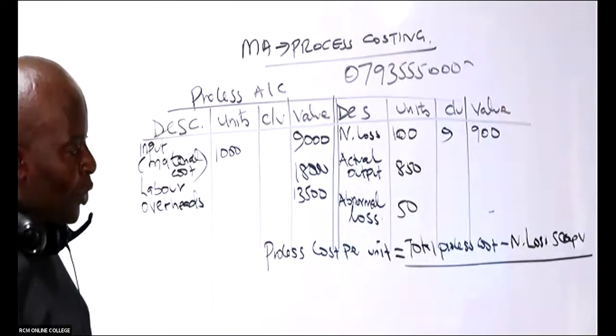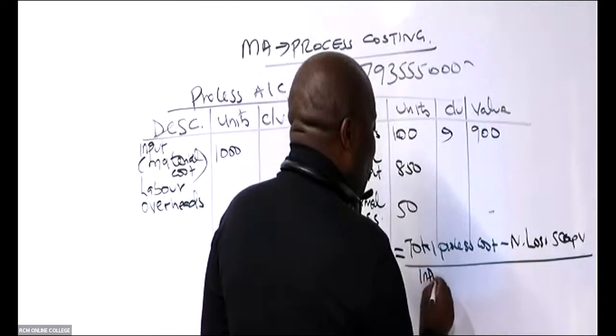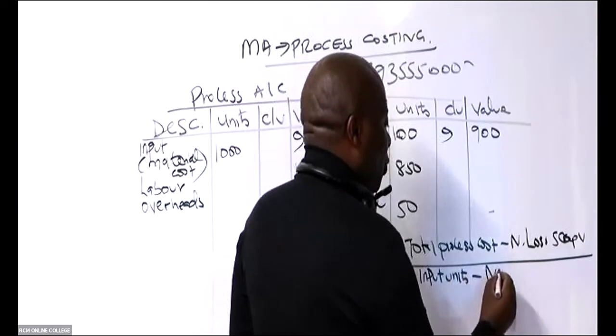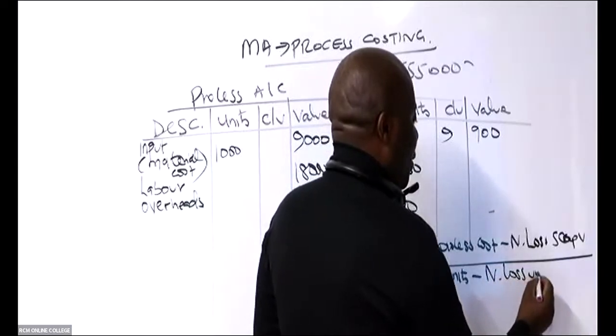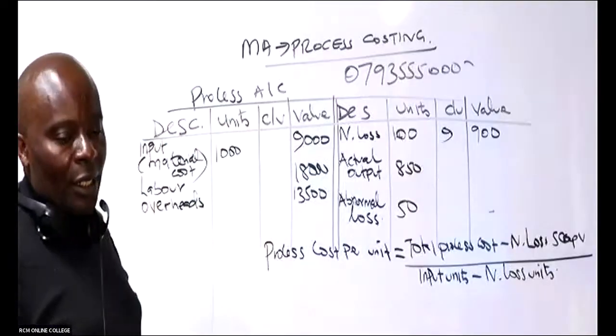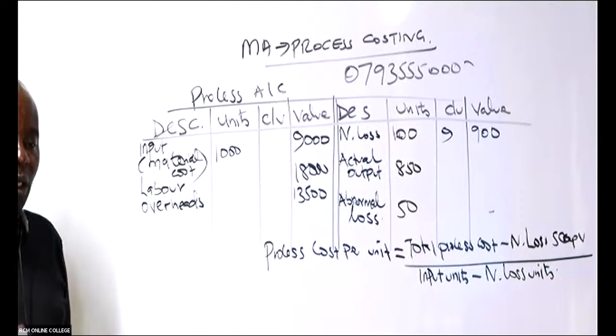Divided by input units minus normal loss units. This is the formula we shall be using consistently, especially now that we are going to what we call work in progress.